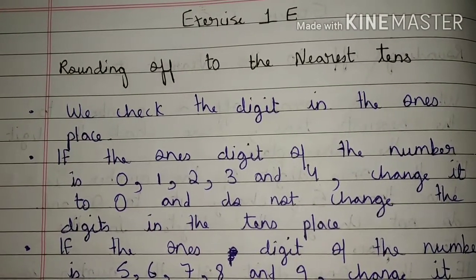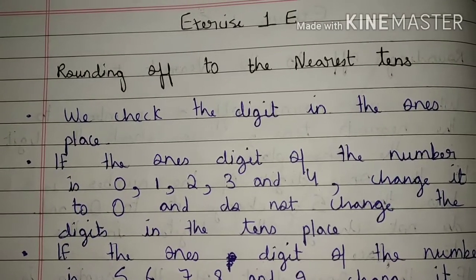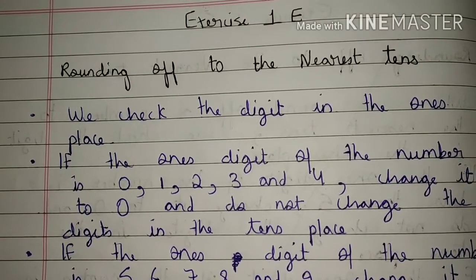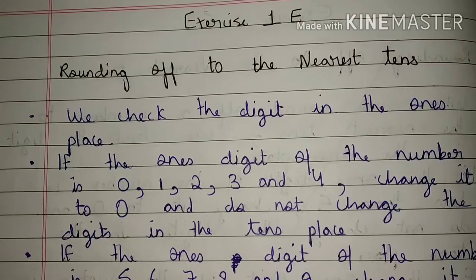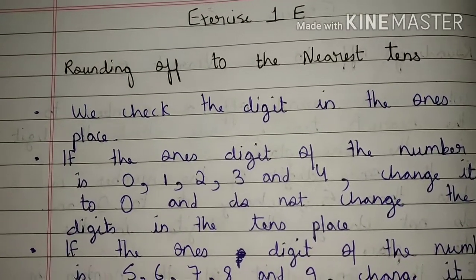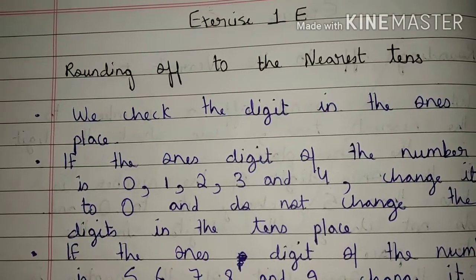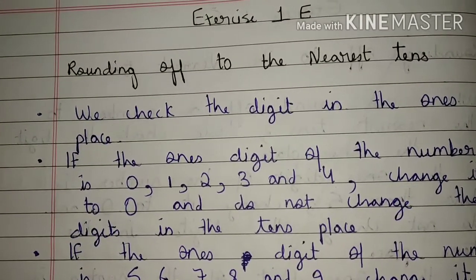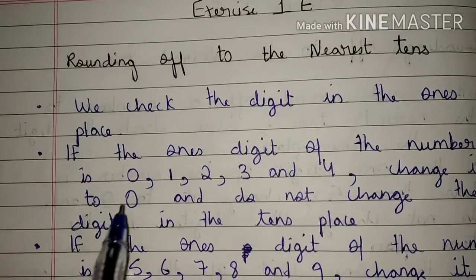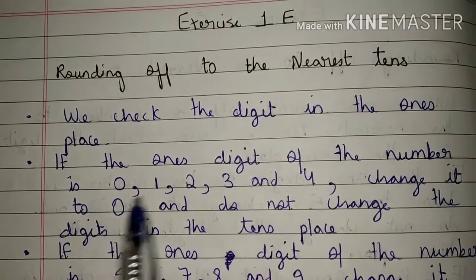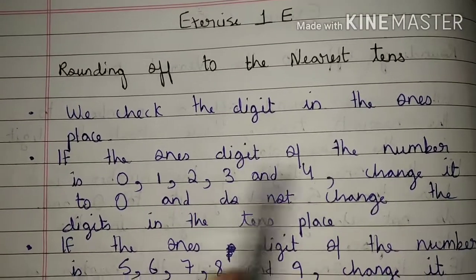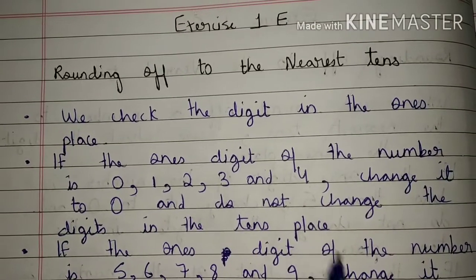Students, if the ones place digit is 0, 1, 2, 3 and 4, means if the ones place digit is less than 5, then you will write 0 in the ones place and you will not change the digit in the tens place.